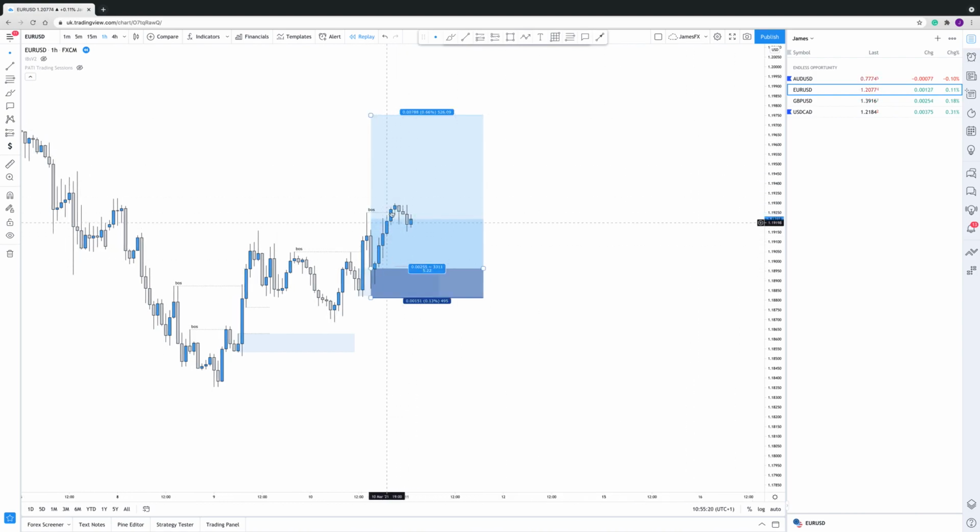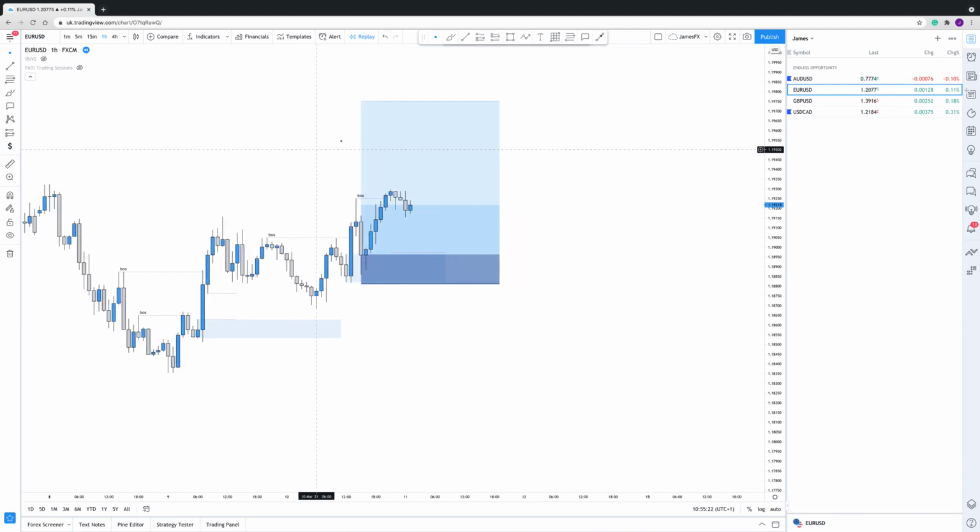Now, as we have broken structure, would I be looking at this down move as an order block? Well, if we look at it, it would be a very large sort of order block. We can then refine it down to this candle. And for me in this example, I would use this candle, as these candles do show a bit of momentum. Not really, so we've got a bit of wicks, but we did push off breaking structure.